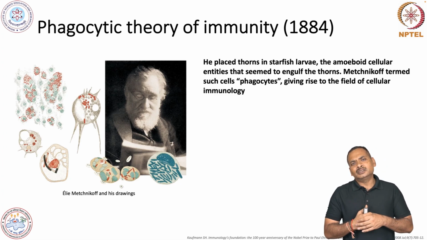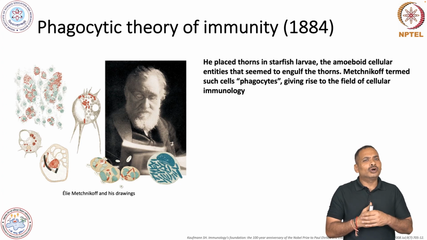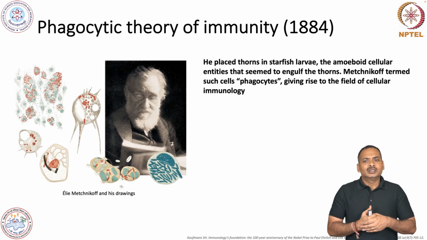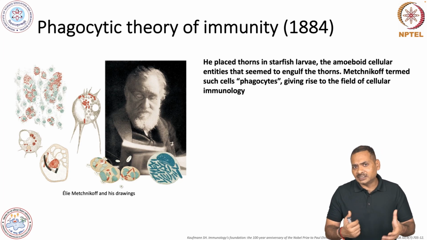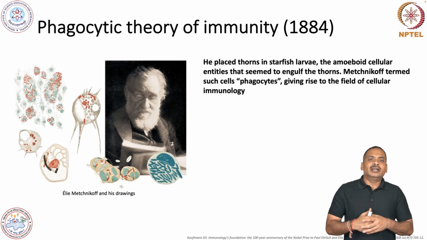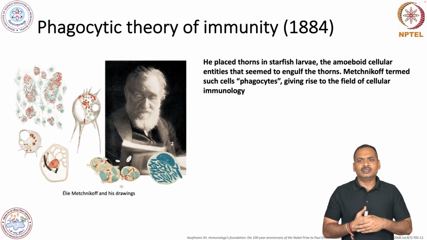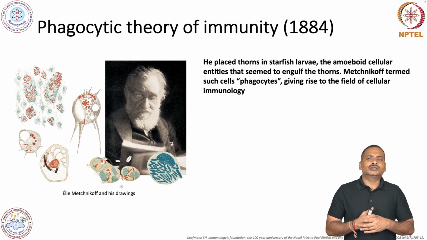So he observed that there are some amoeboid cells which take up this thorn and digest it. And Mechnikov gave the term phagocytes, the cells which eat.